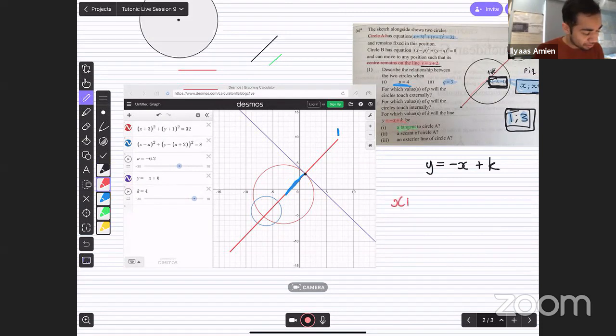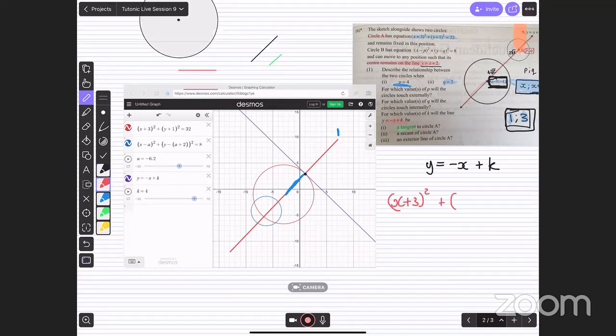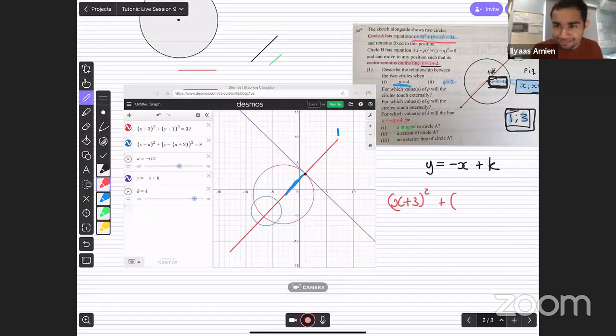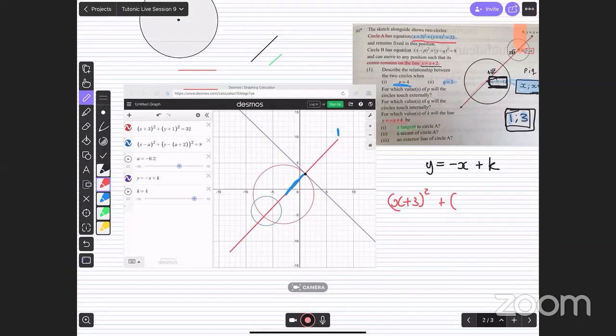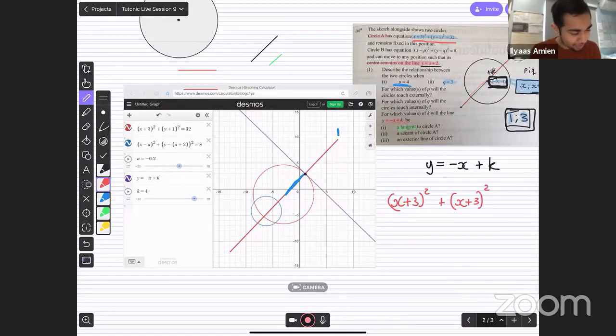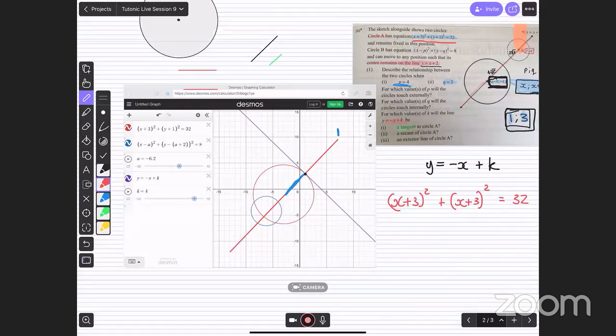It becomes (x plus 3) squared plus (x plus 2 plus 1) squared equals 32, which is (x plus 3) squared. What do you notice? It's the same.